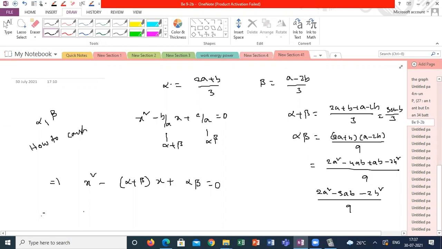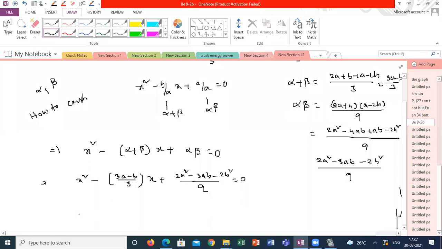Now your polynomial is x square minus (3a minus b) by 3 into x plus (2a square minus 3ab minus 2b square) by 9 is equal to 0. Taking LCM in the simplest form, 9x square minus 3(3a minus b) x plus 2a square minus 3ab minus 2b square is equal to 0.